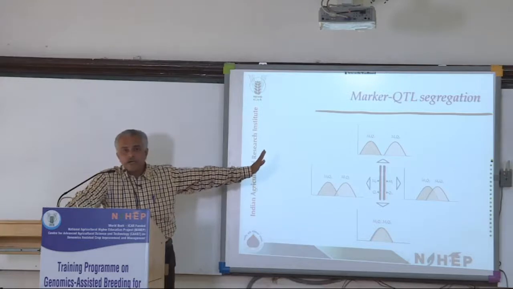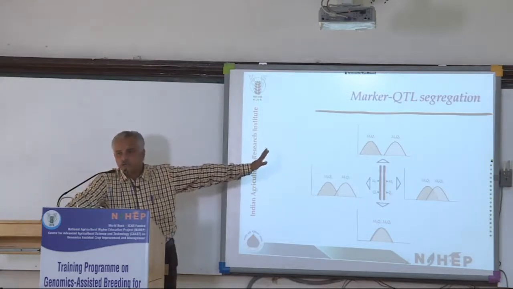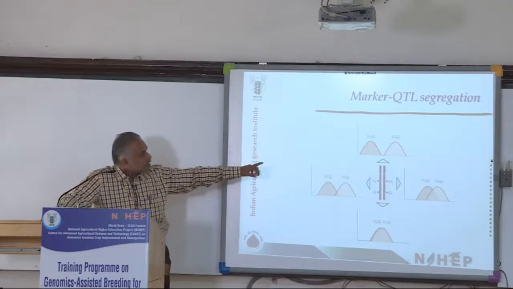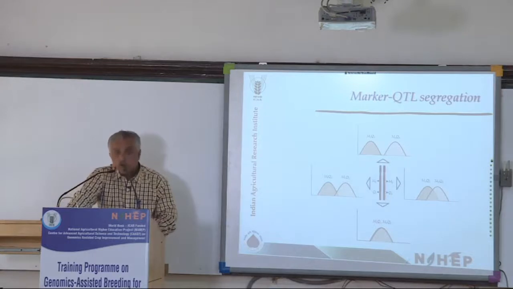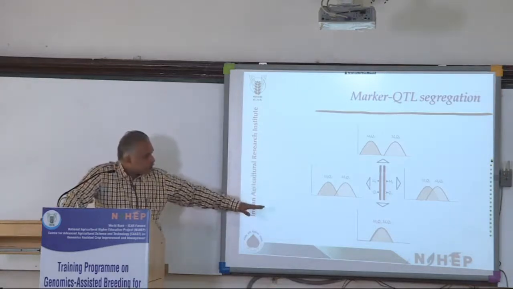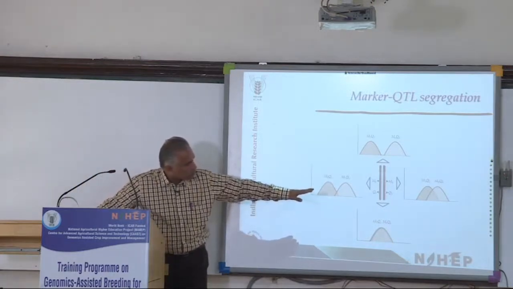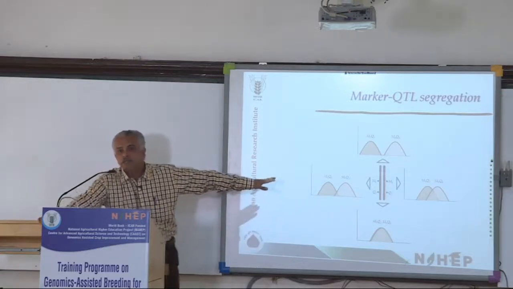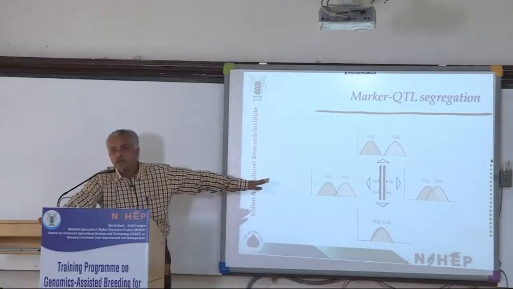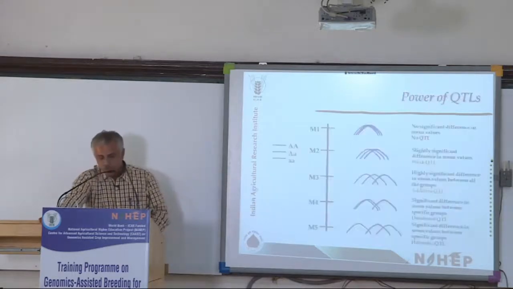When you have markers M1 and M2 and two QTLs Q1 and Q2, they can segregate independently, or they can still overlap, or they can overlap completely, or they can overlap halfway. These are the different possible ways the QTL and the marker can segregate. Now let us see what they are.